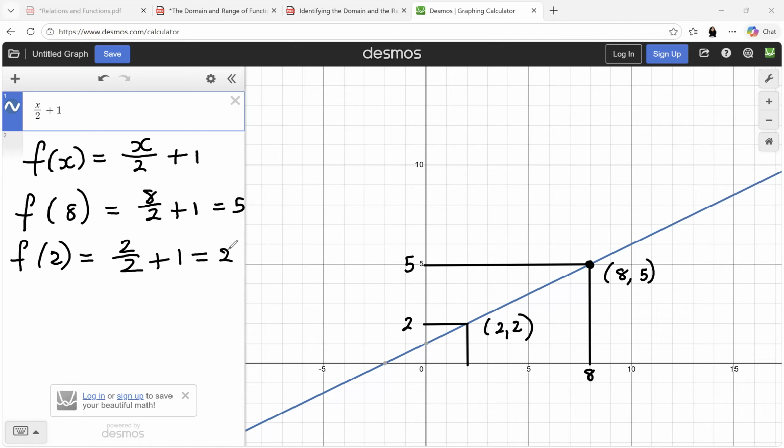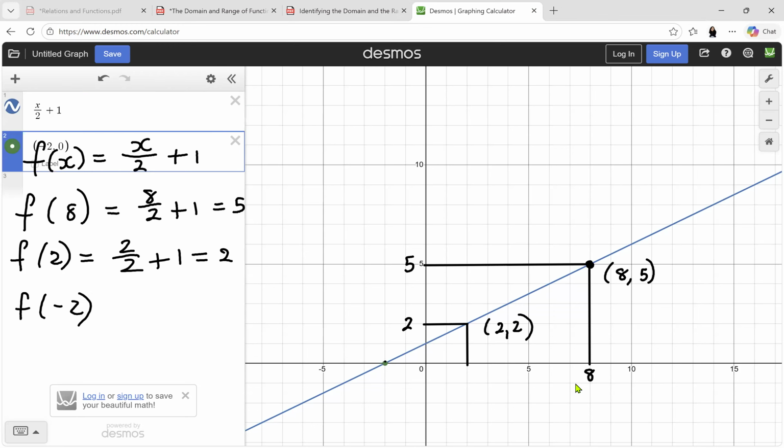What about f of negative 2? Nia, f of negative 2. 0? Yes, that's this point here at negative 2, 0. Great.